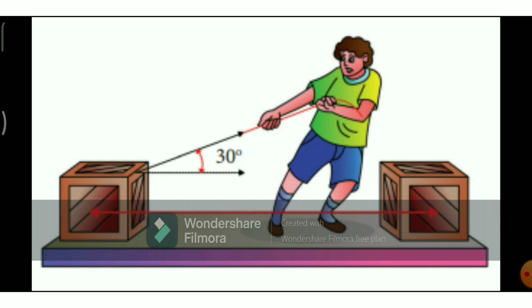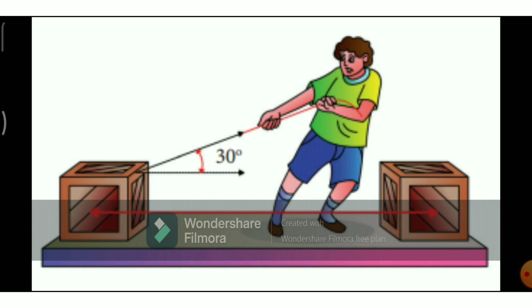Now when you look at this picture, we see the boy trying to pull the box. After he applies that force or pull, the position of the object has changed from the left hand side over to the right hand side.